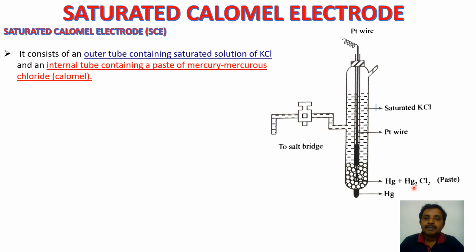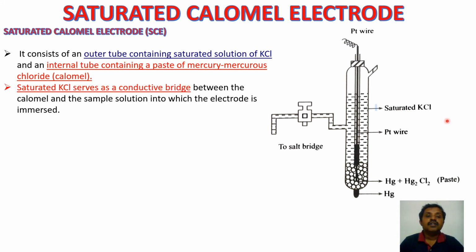Because of this calomel, this electrode is called the standard calomel electrode. The saturated KCl serves as a connective bridge, just like a salt bridge. It serves as a connective bridge between the calomel and the sample solution into which the electrode is immersed.